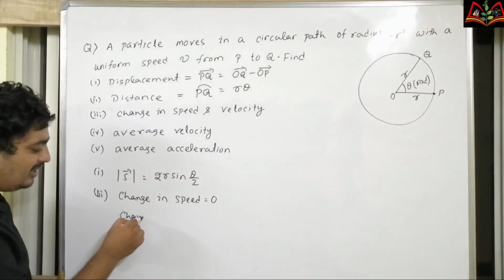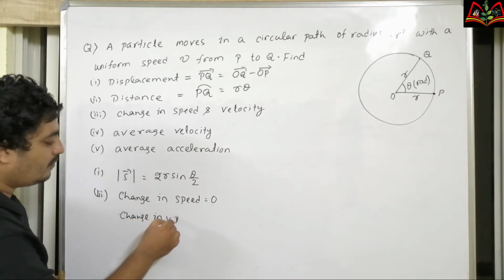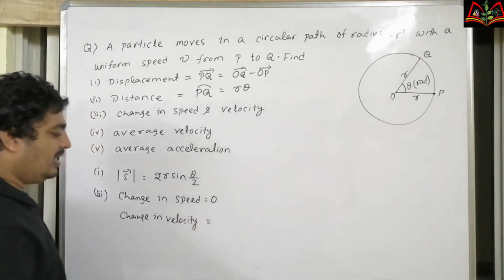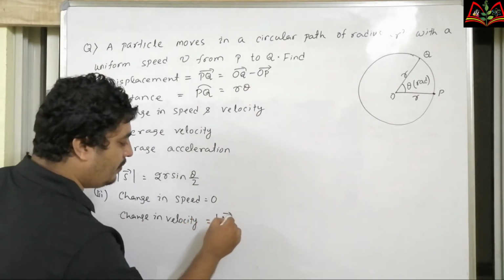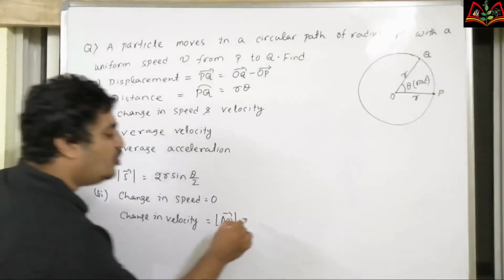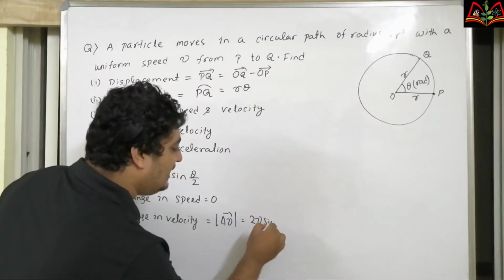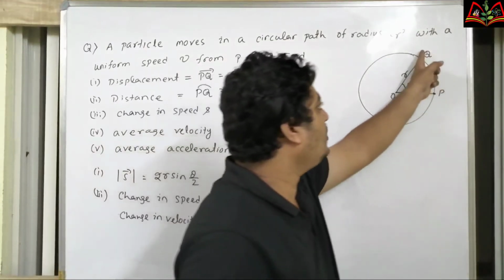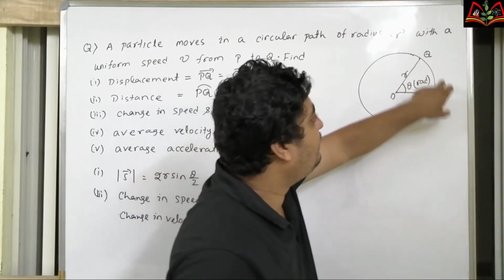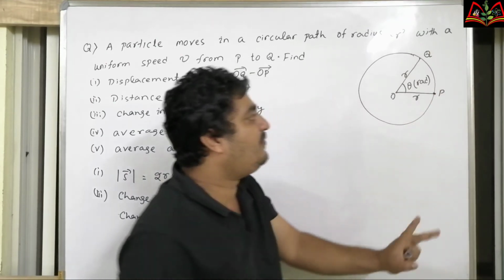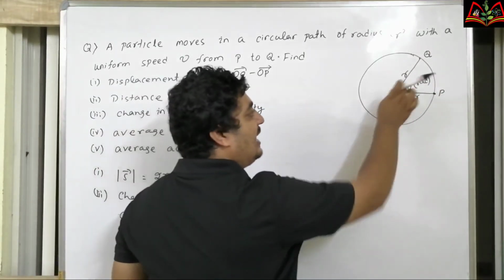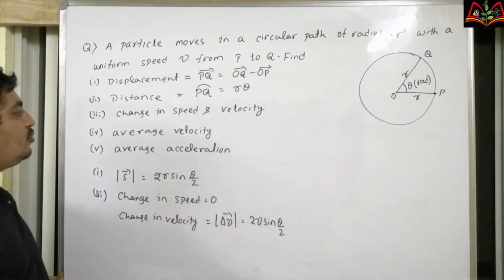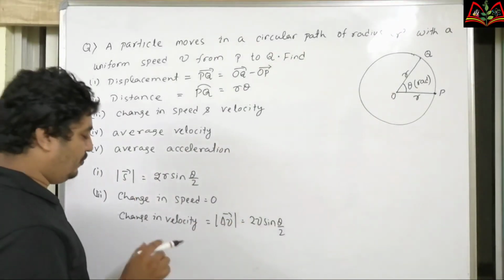So change in velocity equal to 2v sine theta by 2, because at both the points the speed is same, so magnitude of velocity is same and the angle between them is theta. So change in velocity will be 2v sine theta by 2.